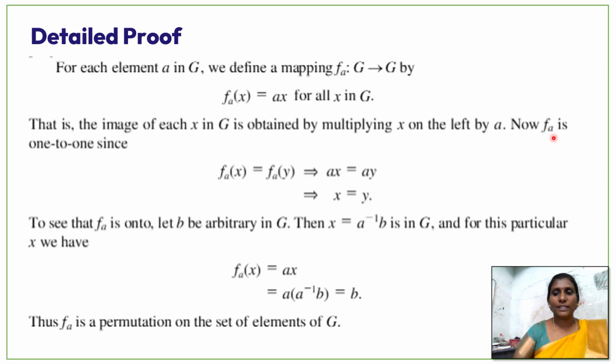We can see clearly that f_a is one-to-one. Also f_a is onto with the pre-image a inverse b, so f_a of x is equal to ax and that is equal to b. Thus f_a is a permutation on the set of elements of G.